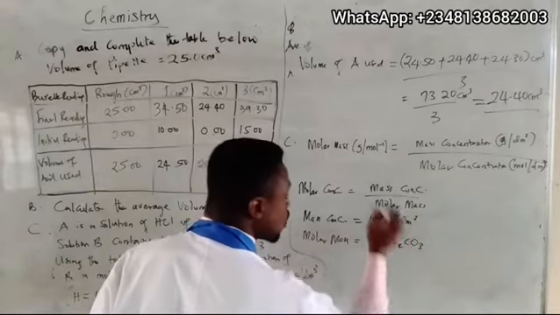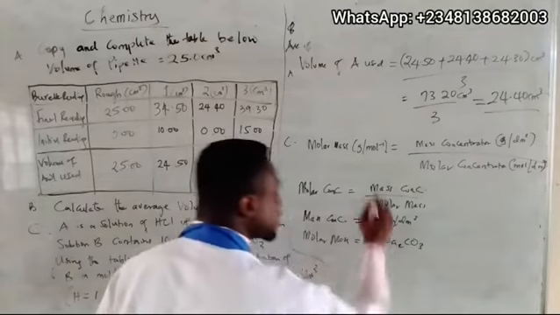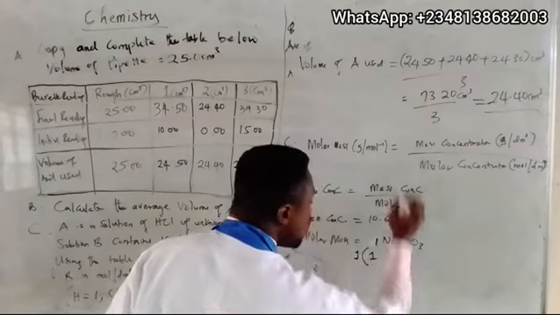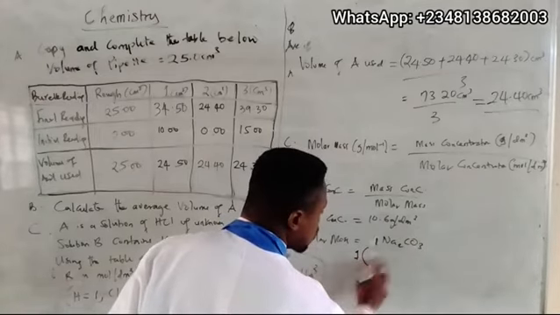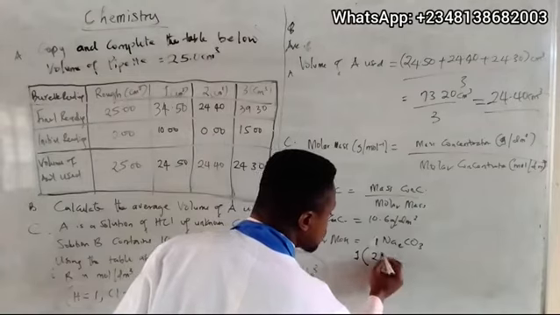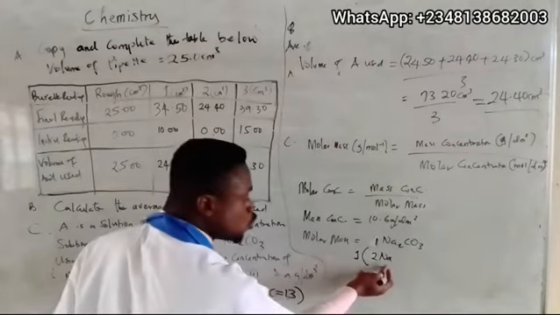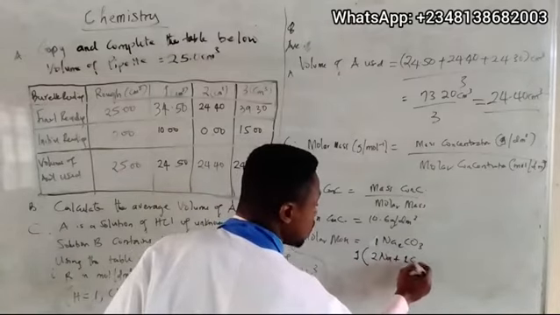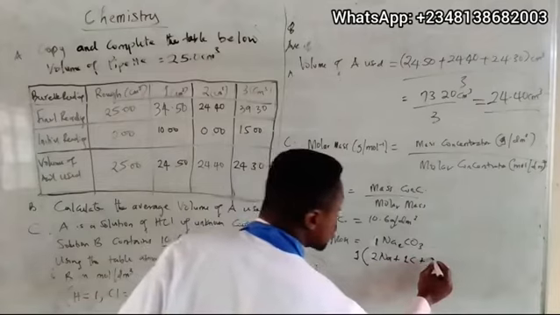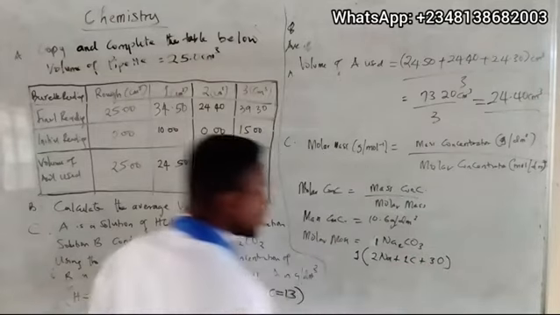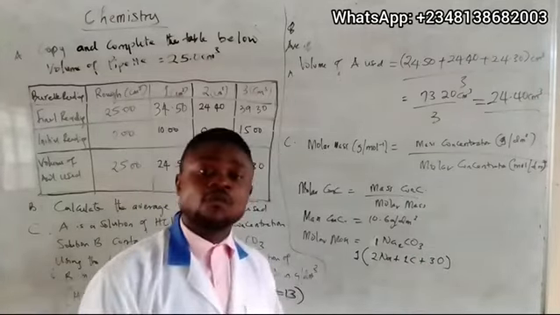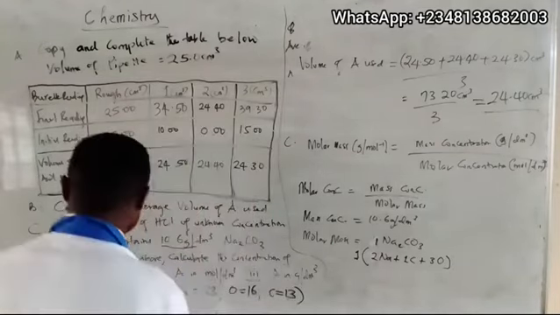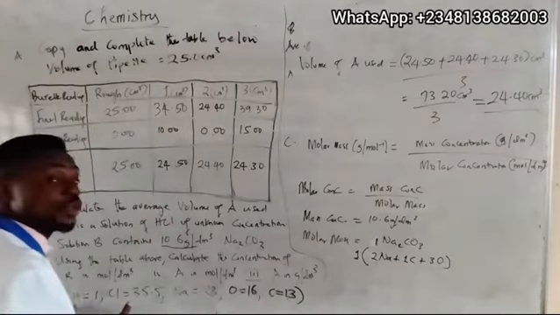So 1 mole of sodium trioxocarbonate(IV) contains 2 moles of sodium atom plus 1 mole of carbon atom, 1C, plus 3 moles of oxygen atom, 3O. And the mass of 1 mole of an atom will now lead us to making use of its relative atomic mass.